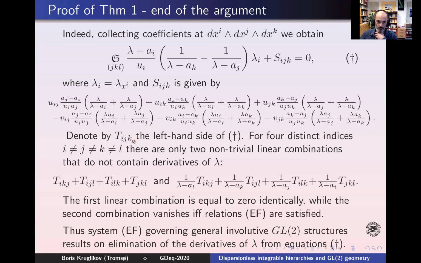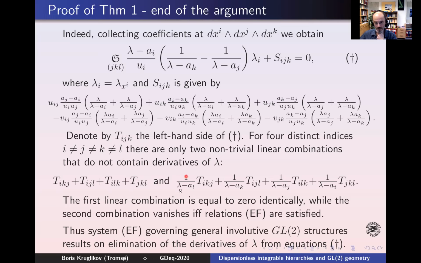And we look at all possible syzygies between these differential polynomials in highest derivatives. Okay, and then there is this combination, right, which doesn't contain derivatives of lambda, but this combination is identically 0, so it's not helpful.